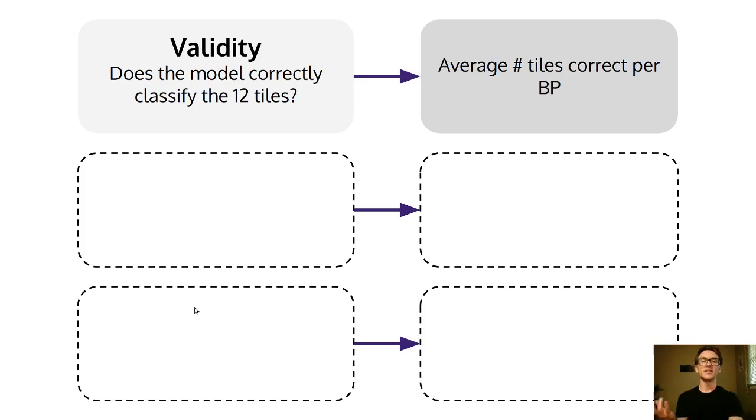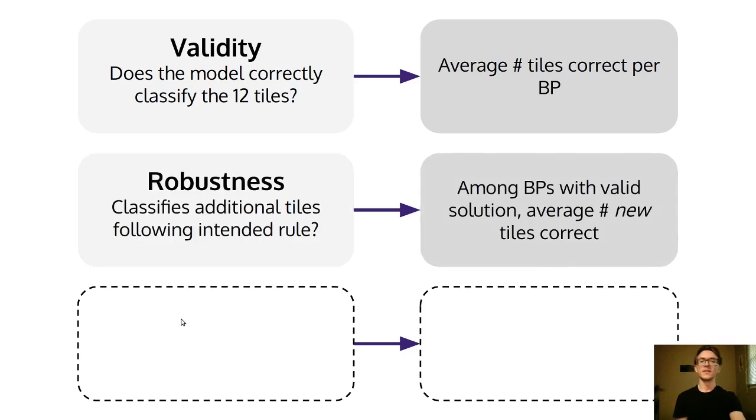So we train a classifier on the 12 tiles, and we consider it valid if it is again able to classify those 12 tiles. Second feature is robustness. So given a rule which correctly classifies the original 12 tiles, how often does it also classify additional tiles which follow the intended rule?